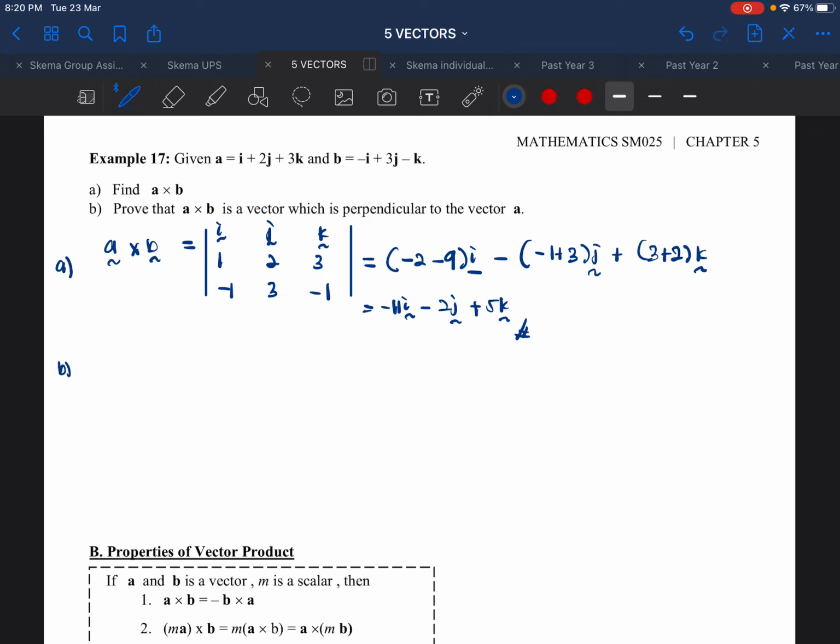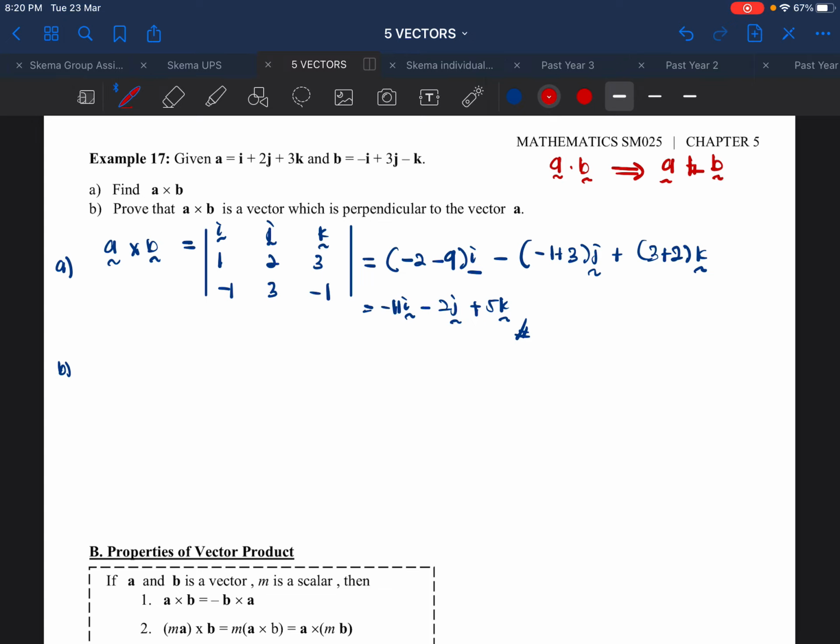Alright, soalan B. Prove that A cross B is a vector which is perpendicular to the vector A. Right, apa yang kita ingat, kita punya properties, kita tahu kalau A dot B equals to 0, A is perpendicular to B. Okay, itu kita tahu.